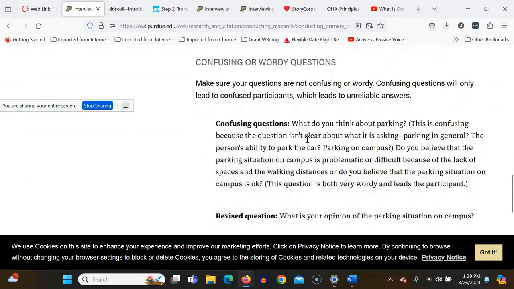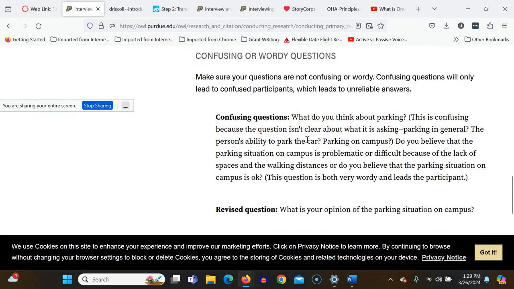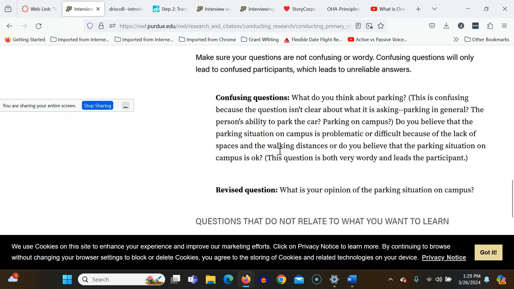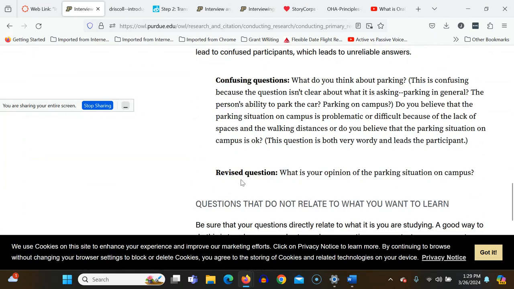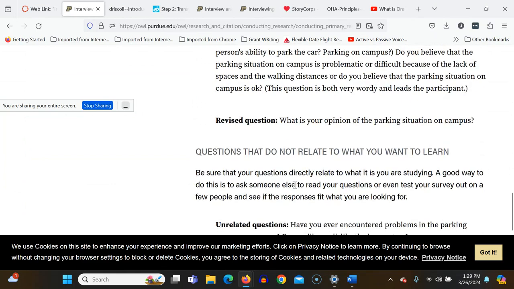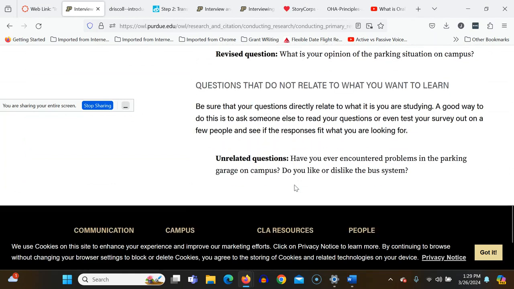So another example of a question you want to avoid is something confusing, or a question with multiple different parts. So maybe a question that has multiple questions, like this example here, which I won't even read because you can see that it's very long. Make your questions concise and simple so that they can respond, right?